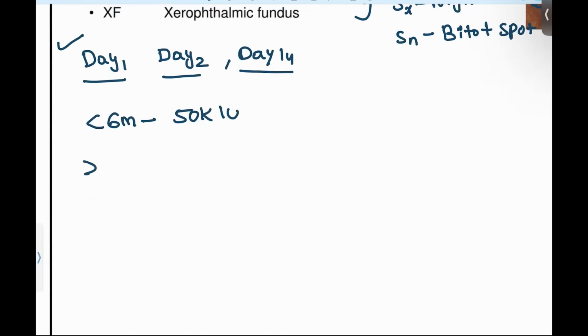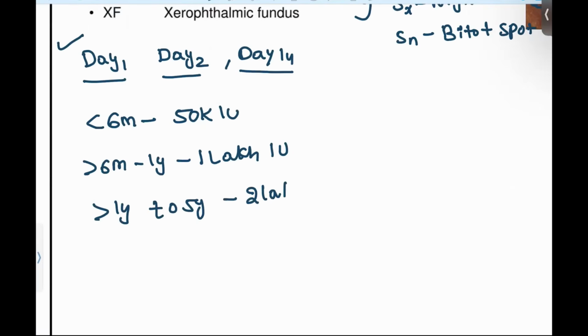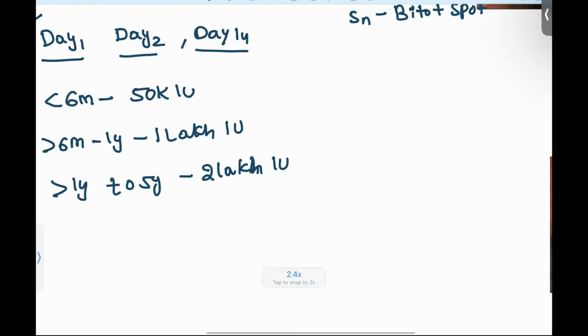If the patient is more than 6 months up to 1 year, give 1 lakh international units. And if the patient is more than 1 year, from 1 year to 5 years, then go for 2 lakh international units. This is how we proceed with the treatment of vitamin A deficiency.